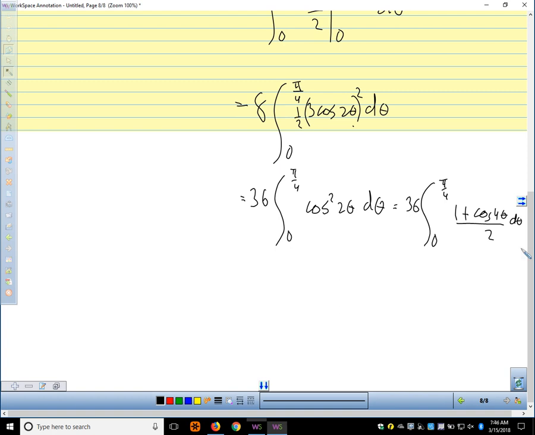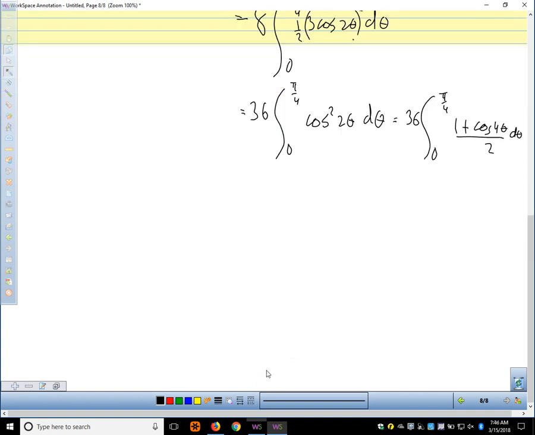Cosine squared and sine squared show up frequently in polar, spherical, and cylindrical coordinates. When we evaluate this, it equals 9 pi over 2. So the area of that rose curve is 9 pi over 2 square units.